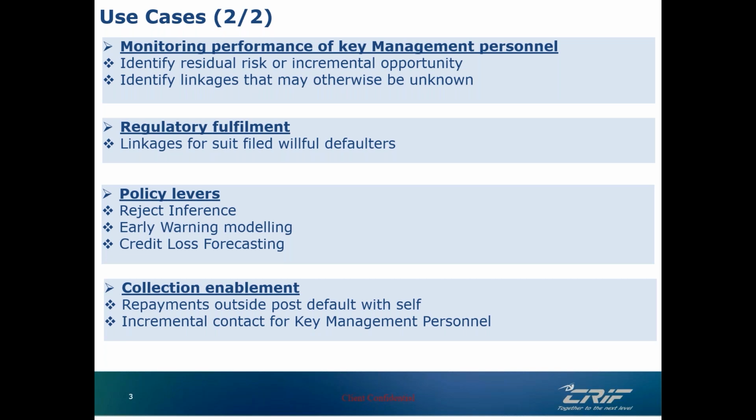The Scrub run on your portfolio at multiple points in time, combined with your portfolio benchmarked against your peer group, can actually help you develop a score that predicts the distance to default, in addition to using the credit score, which is predicting the probability of default. And therefore, a corollary of this use case is actually credit loss forecasting.